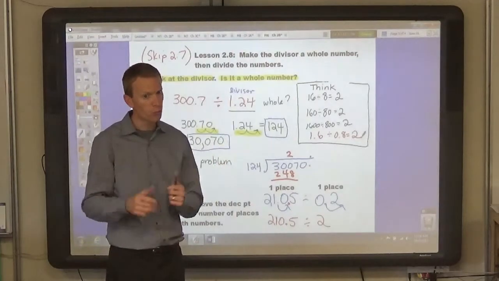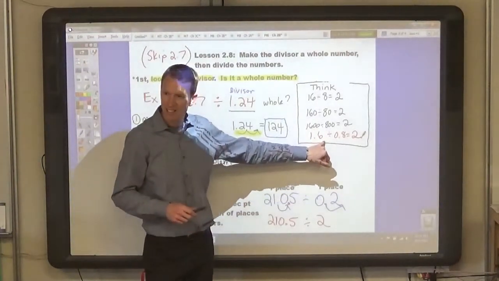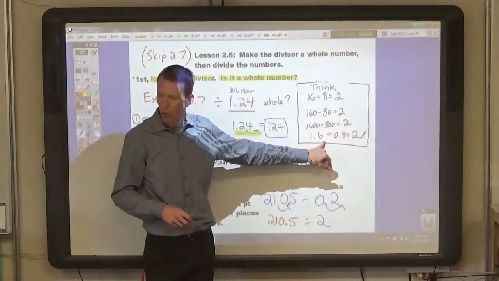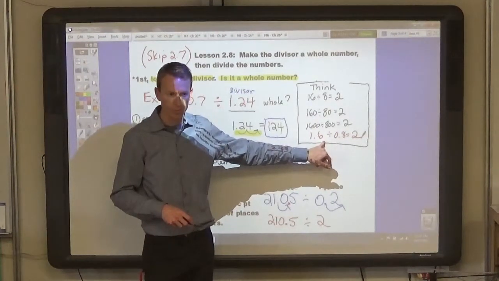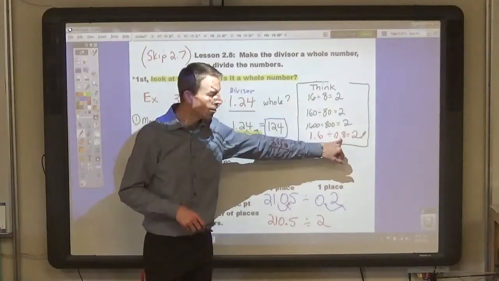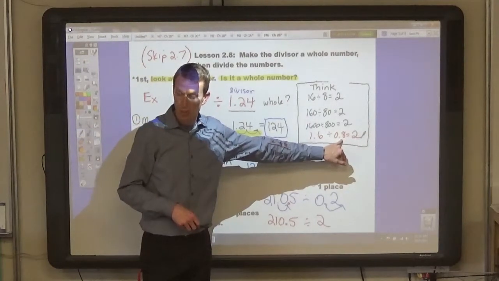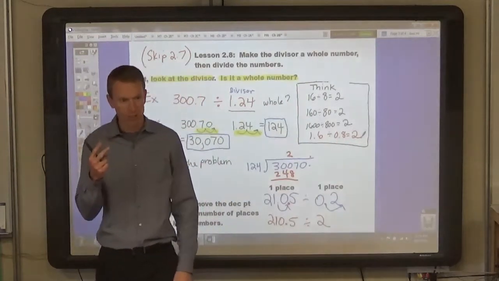You can get 2 groups. If you have $1.60, which is what 1.6 is, and you make piles of 80 cents, 8 tenths, you can make 2 piles, right?